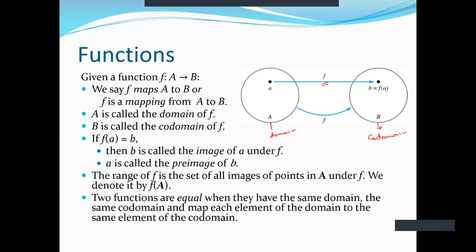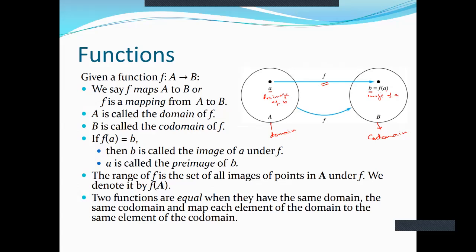In this case, this b in set B is called an image of a. Clear? And then this a is called the pre-image of b. So this f is a function.